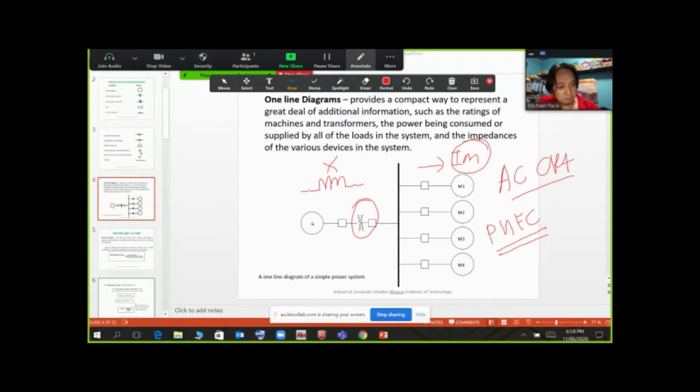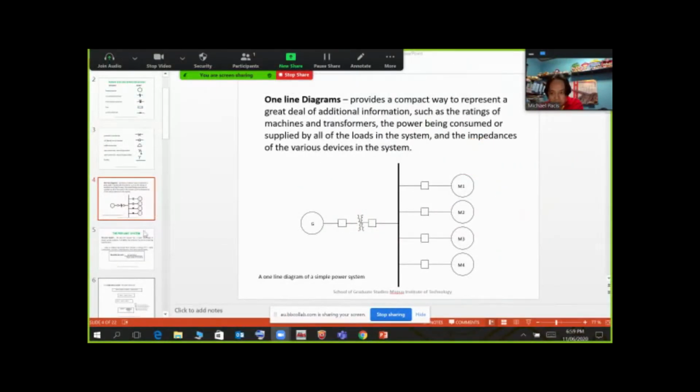PUEC means per unit equivalent circuit, which is an AC circuit equivalent. So it provides a compact way to model a power system composed of many transformers. And from there, you can analyze the operation of a system, or compute the variables that you need in the power system itself.